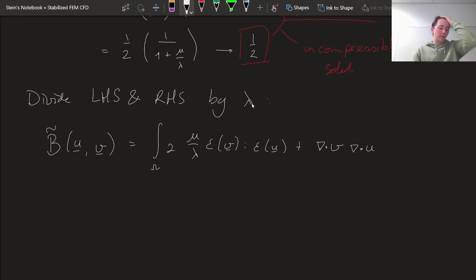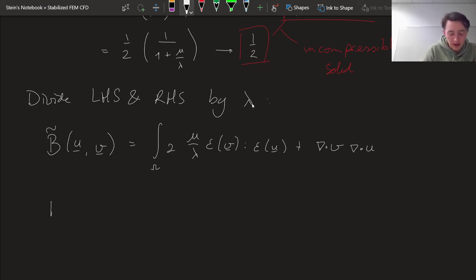So how do we know if a problem like this is stable or not, and if it has a unique solution or not? That's exactly the theory that we developed earlier. One of the key concepts in that theory was the coercivity constant involved in a bilinear form like this.